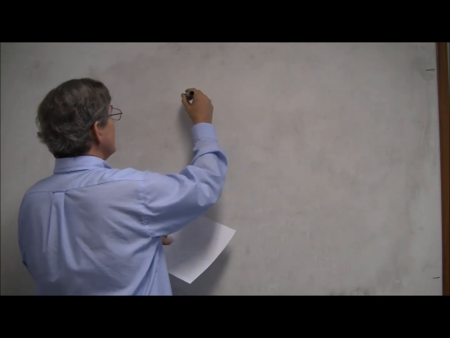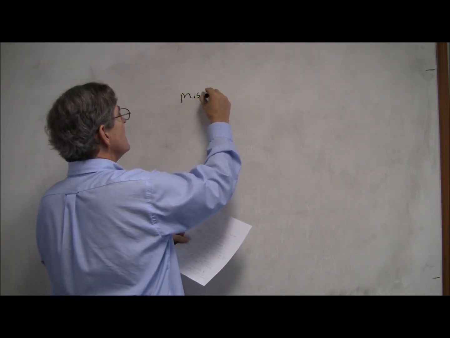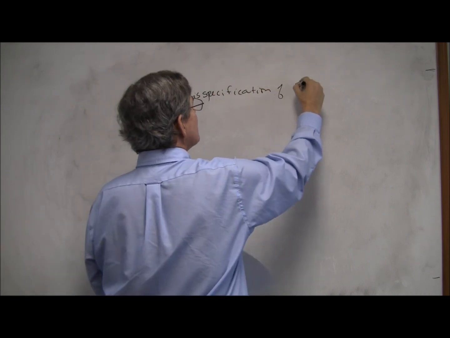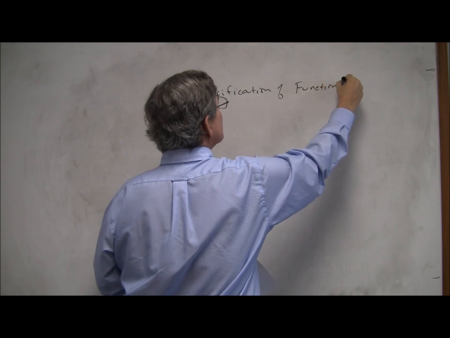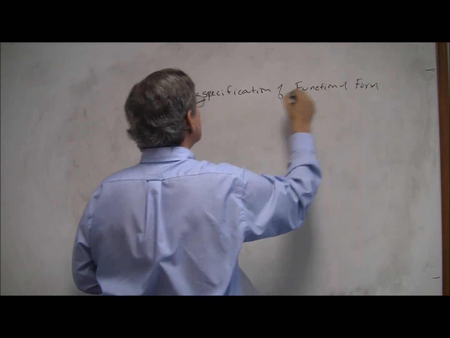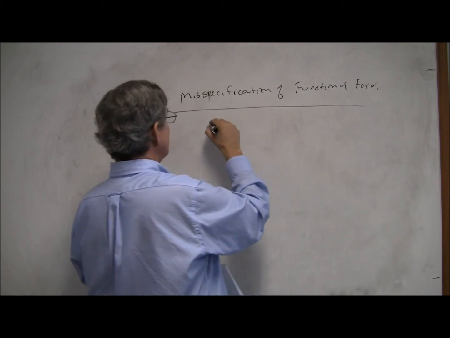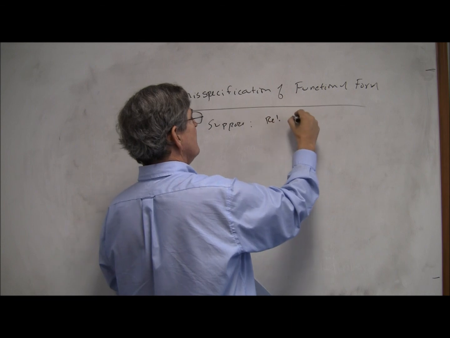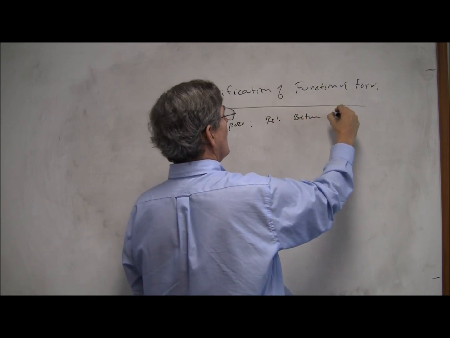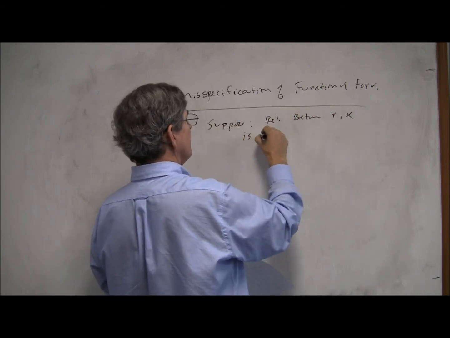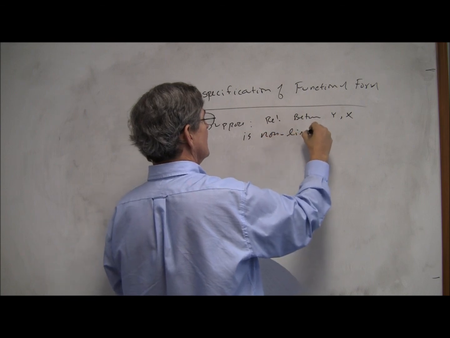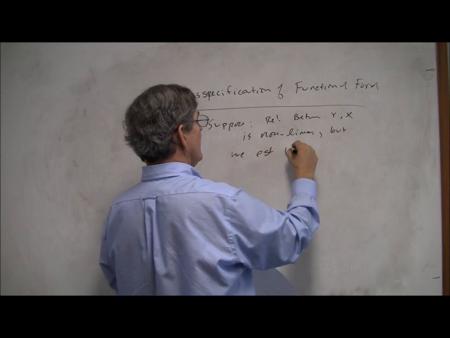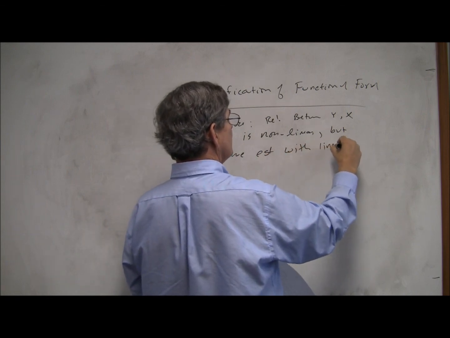The next one is basically what Chapter 8 was all about. Misspecification of the functional form can lead to bias. So suppose the relationship between y and x is nonlinear, but we estimate with a linear model.